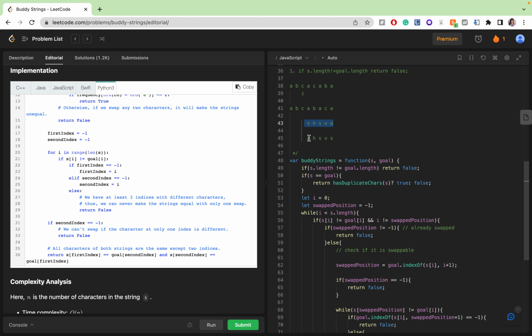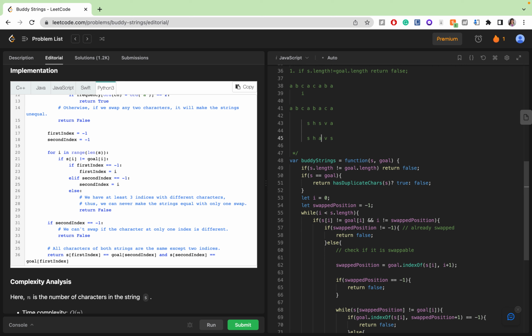So suppose these are two letters. Then when I find any two characters that are not equal, I try to swap immediately. I tried to swap with the first S that I found there. But that did not work, right?